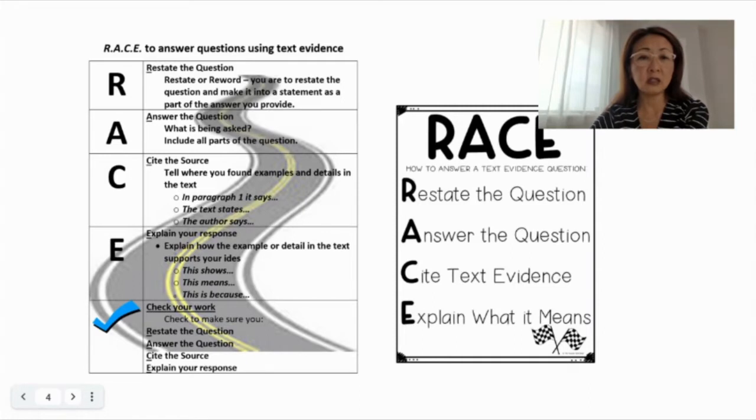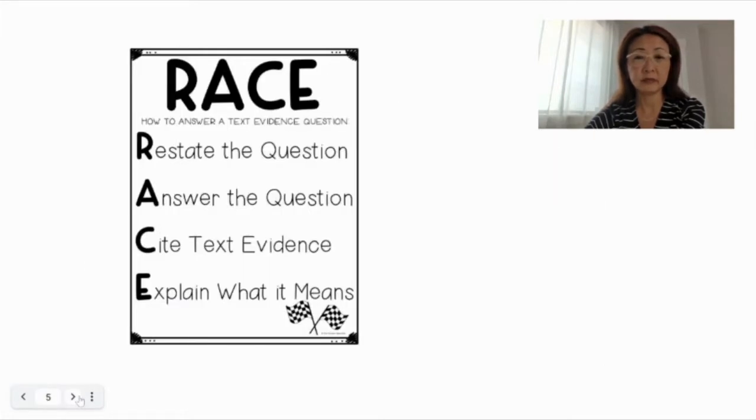And C stands for cite the source and tell where you found the examples and details in the text. And E stands for explain what it means, explain your response. Once again, restate the question, answer the question, cite the text evidence, and explain what it means.